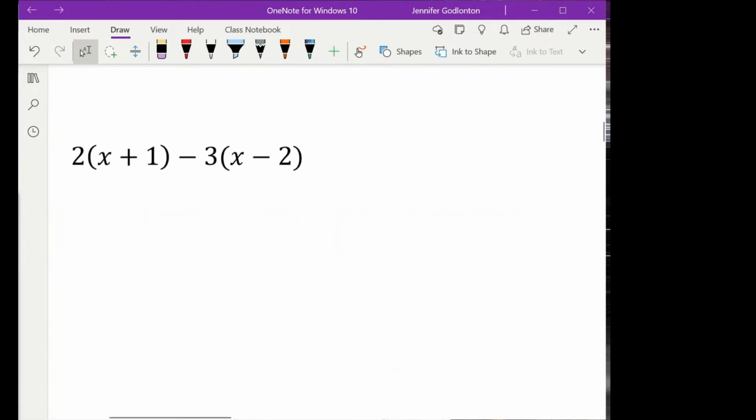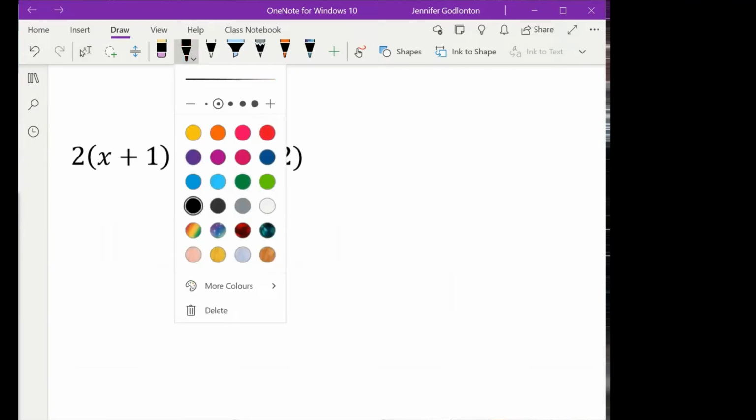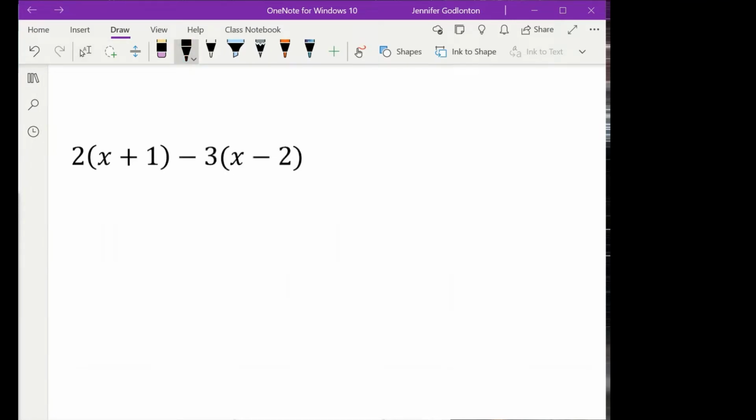For those of you who are finding this a little bit easy, I'm just going to write another one for you on the right-hand side. Okay.